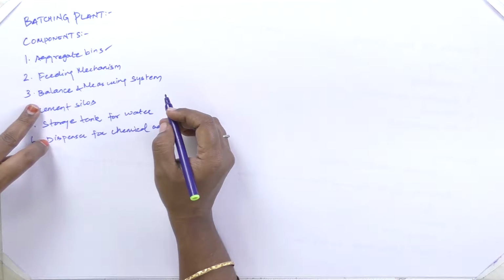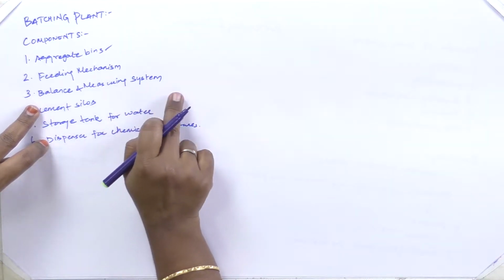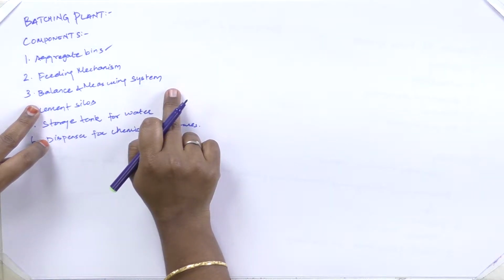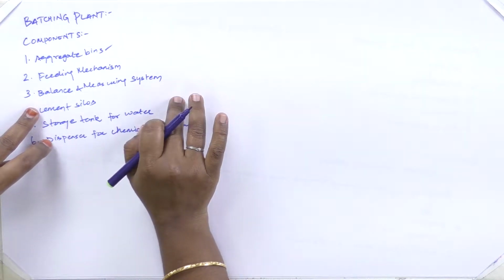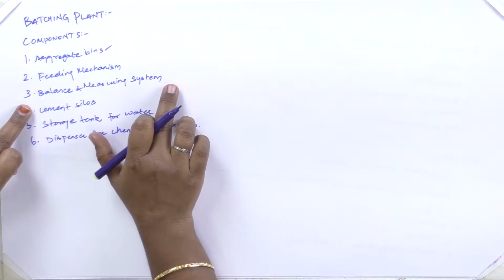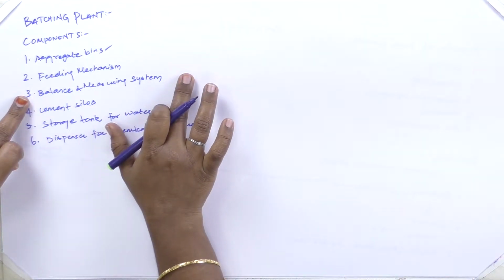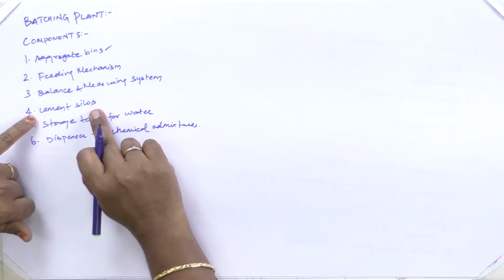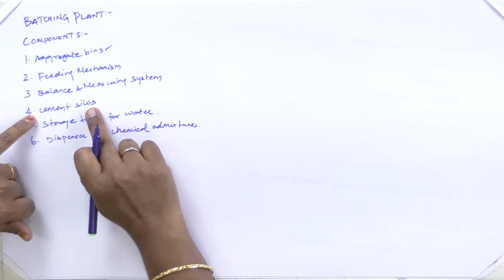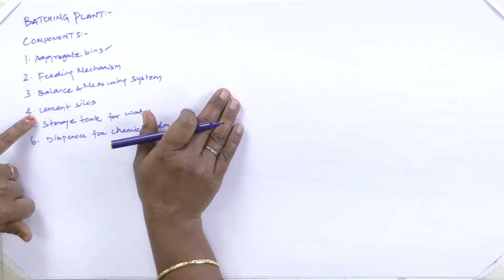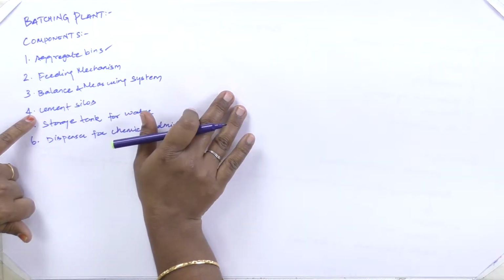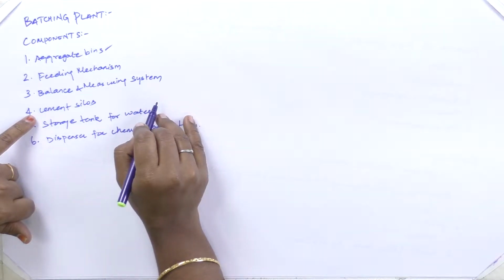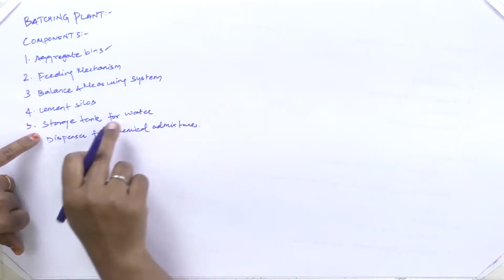Next is the balance and measuring system. Here we will be measuring the required quantity of the ingredients. How this is done, we will see later. And cement silos, from which the cement is fed through feeding buckets, screw conveyors or bucket conveyors.